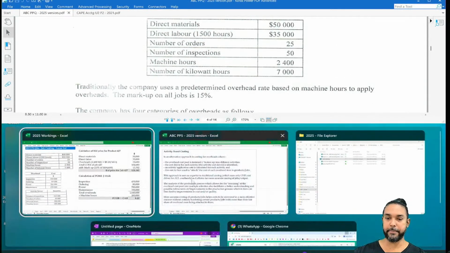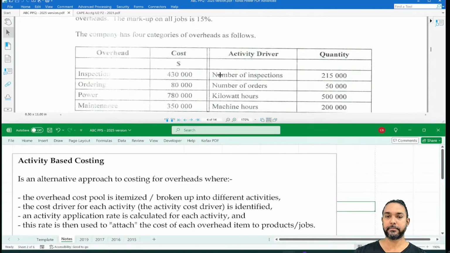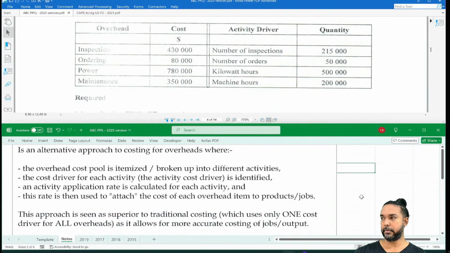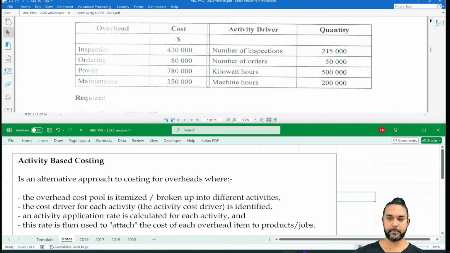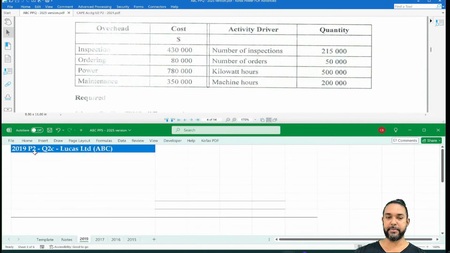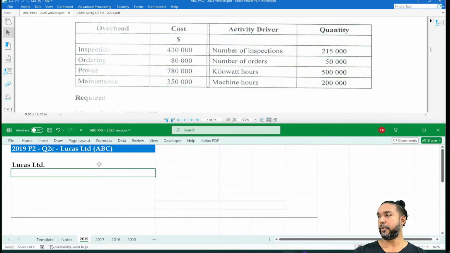So we're going to put that up there, and this here. This is 2019 paper 2, question 2, part C, Lucas Ltd, ABC. We are doing the calculation of activity application rates.